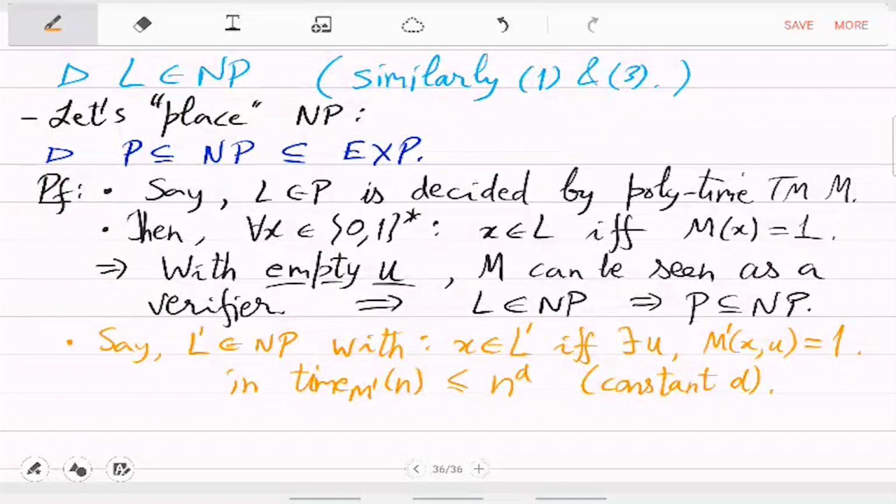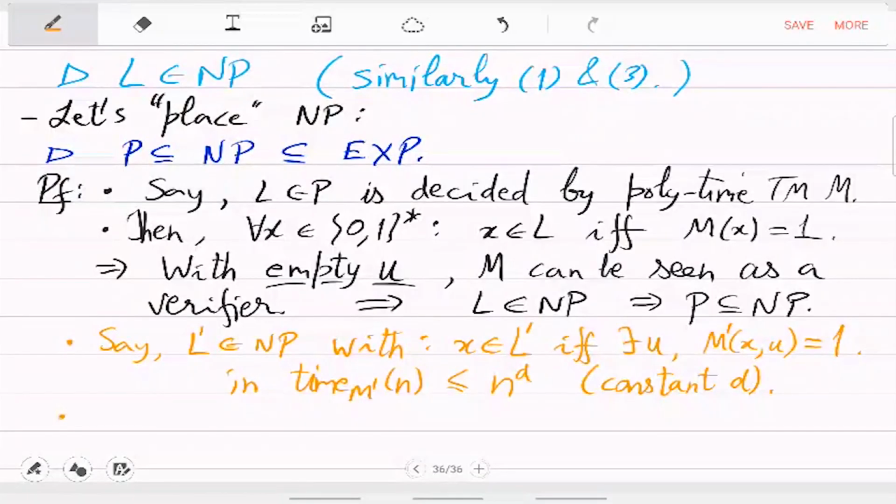So, we will look at the brute force algorithm. What will the brute force algorithm do? It will try to go over all the U's, so searching U takes 2 raised to n raised to c time.